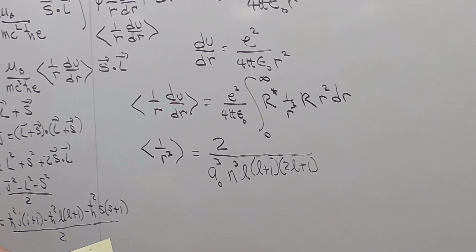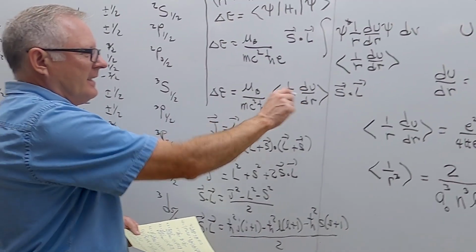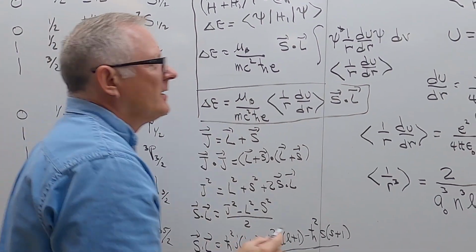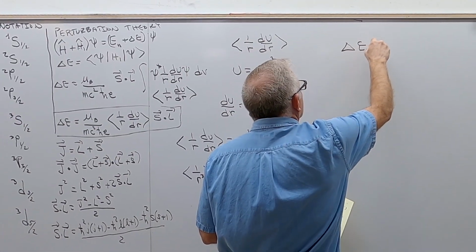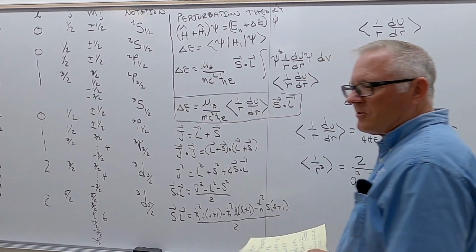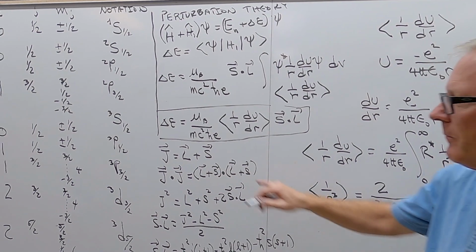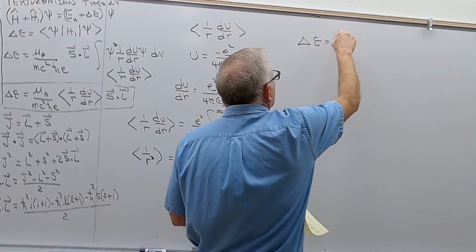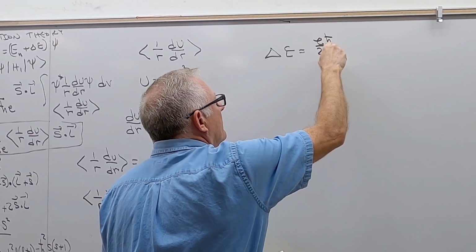Now I can plug everything into this delta E, how much our energy is going to shift by. So delta E is going to be mu B. I'll turn my mu B back into the Bohr magneton, which is e h bar over 2m.